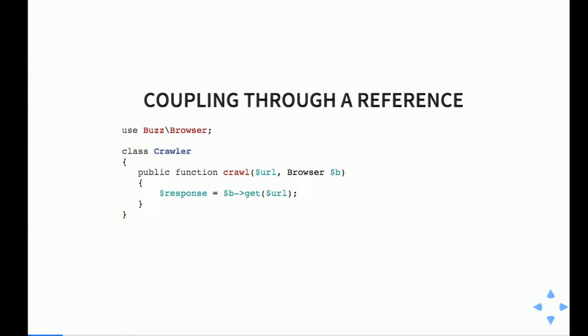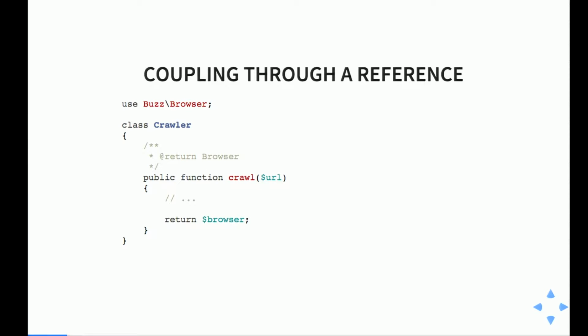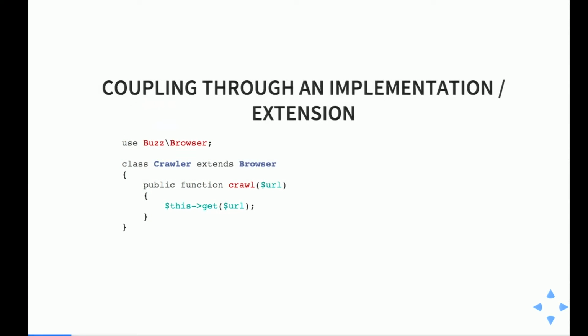Through a reference, so if we pass an object to a method of another object, it's coupled to that object. Or if it returns the instance of that object, it still knows about that class, it's coupled to that class. Finally, if we extend another class, we couple to that. That's probably the most obvious type of coupling. So if your crawler extends the browser, it's coupled to the browser.